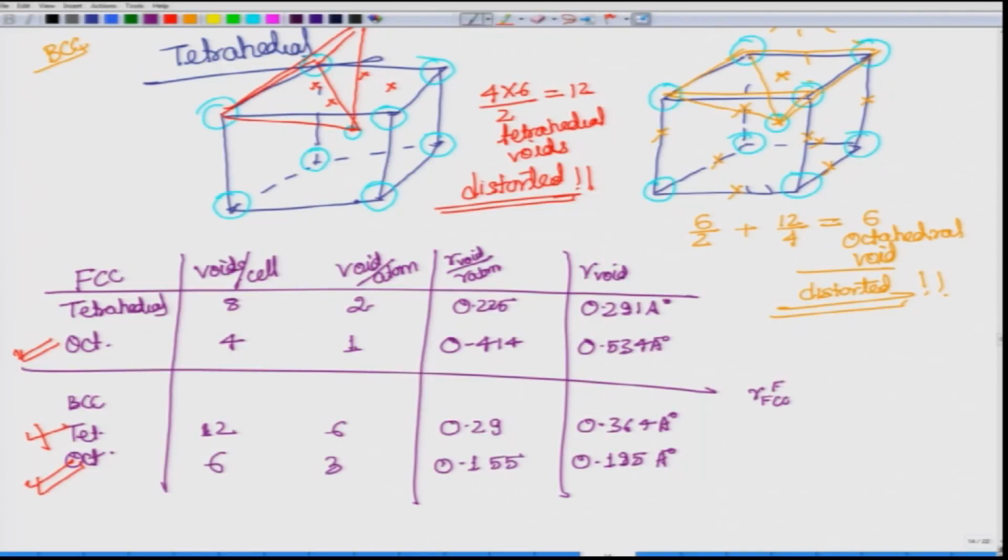It is a little different from the radius of BCC Fe, but not by much, thankfully for us. And what is the size of the carbon atom that has to sit over there? The radius of the carbon atom is 0.77 angstroms.